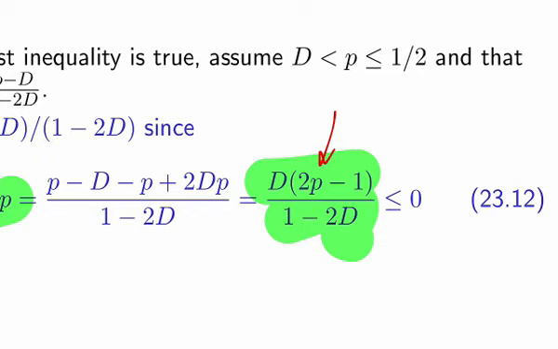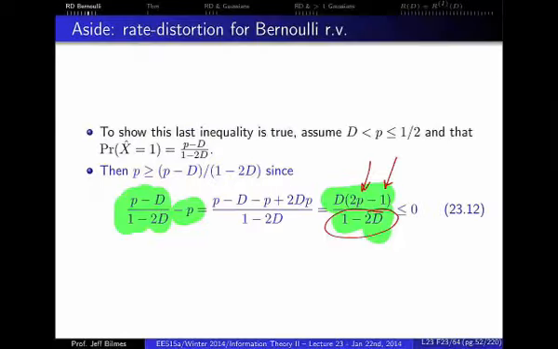And if anything is less than 1 and we subtract off 1 from it here, we're going to get negative. The denominator is always going to be non-negative, because d is strictly less than 1/2, so this thing's never going to be negative or 0. The numerator is going to be negative. So therefore the whole thing is negative, and so p is therefore greater than that expression.